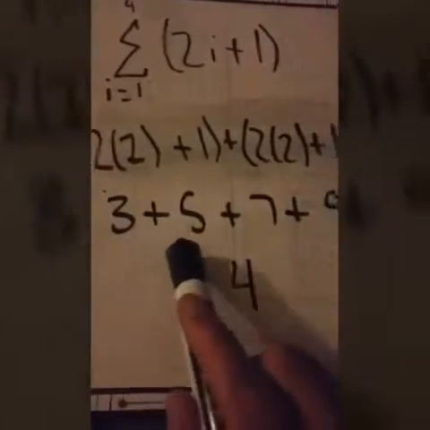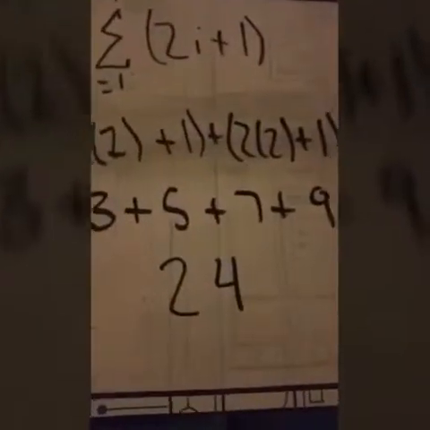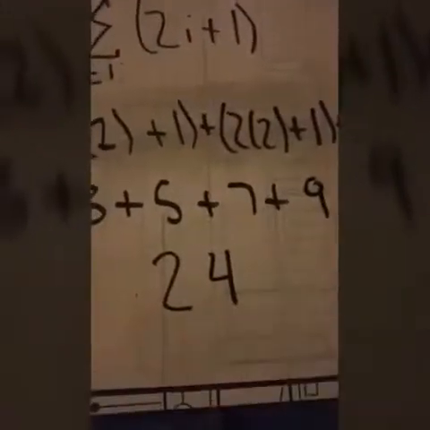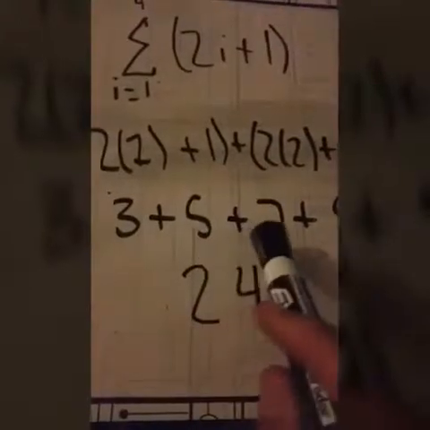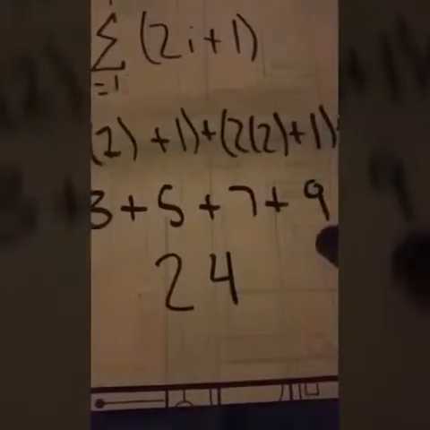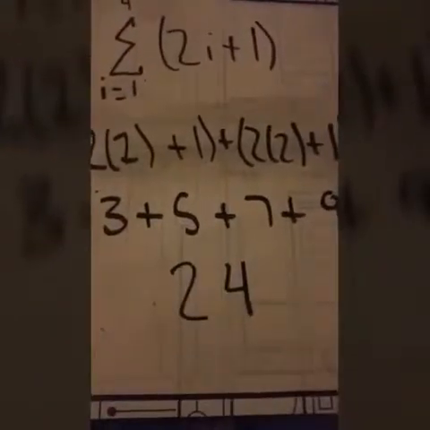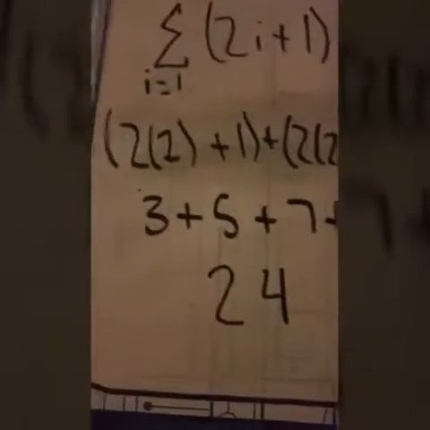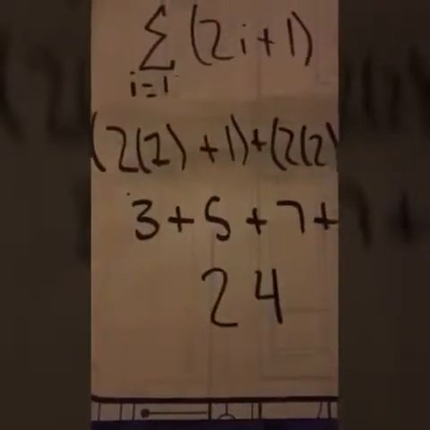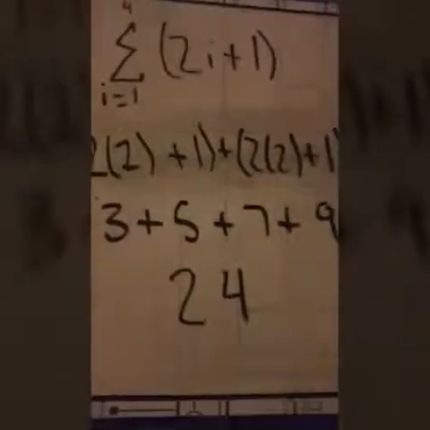So right here you can tell it's plus 2, plus 2, plus 2. And your geometric is when it's basically multiplication. So it'll be like 3 plus 6 plus 12 and then plus 24. You can tell that's multiplying even though it has the addition sign right here. So the difference is arithmetic is addition and geometric is multiplication.